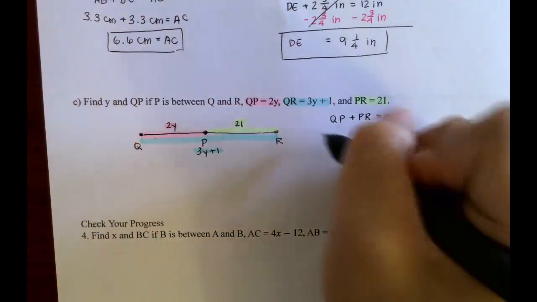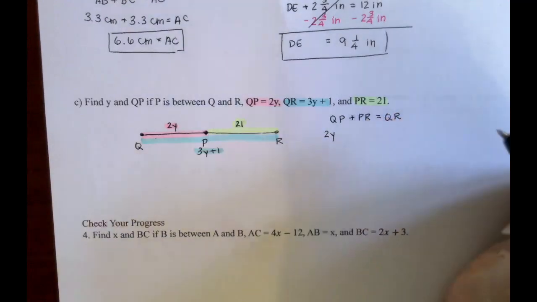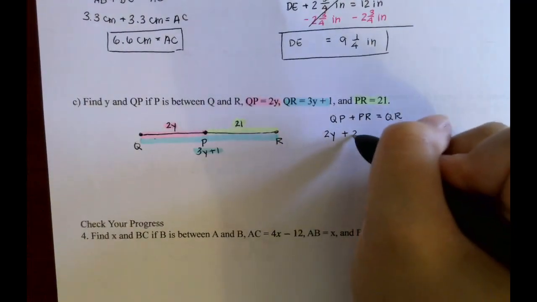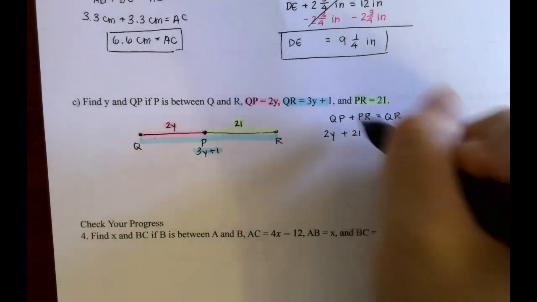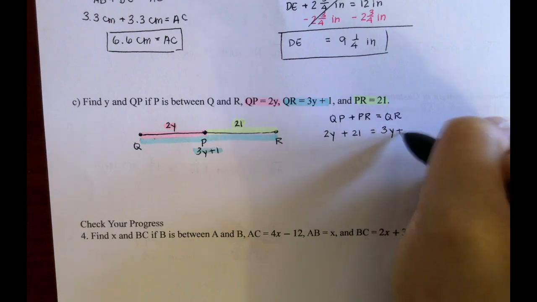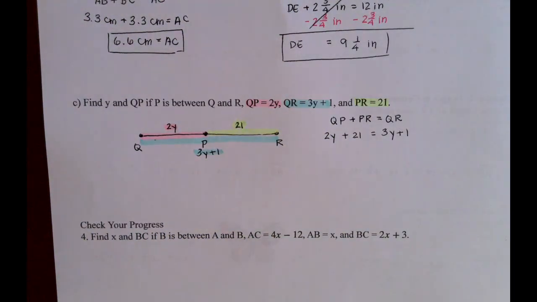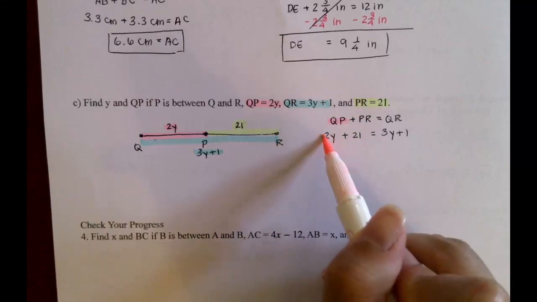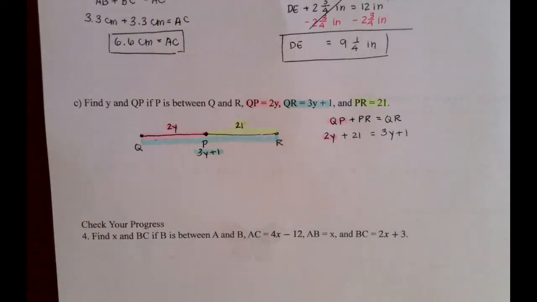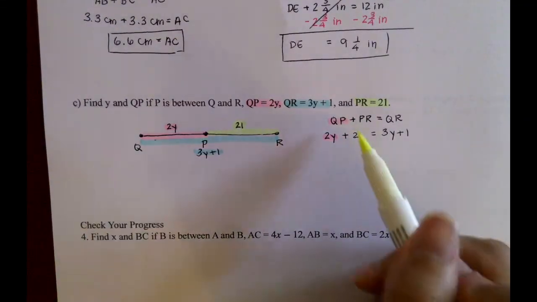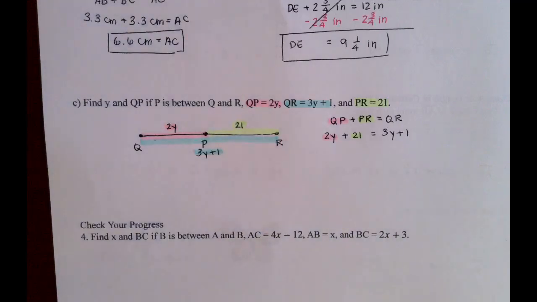So QP is 2Y, PR is 21, and QR is 3Y plus 1. Okay, so again, QP is the 2Y, PR is the 21, and QR is 3Y plus 1.